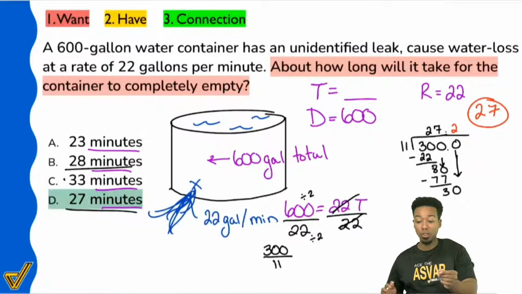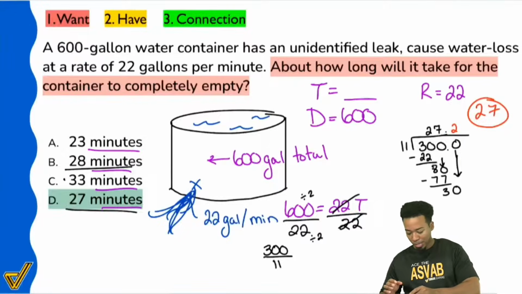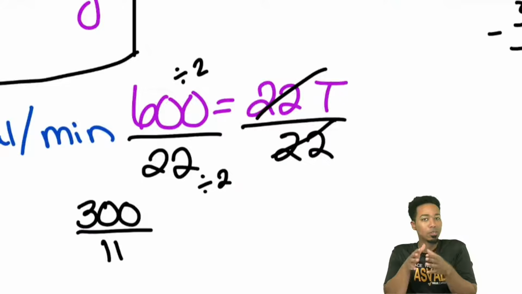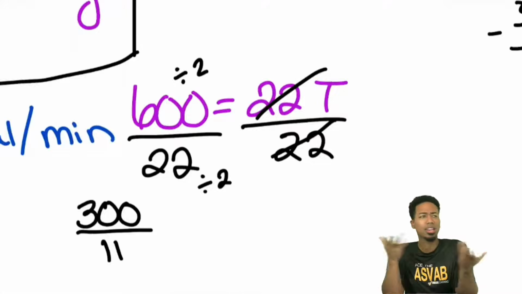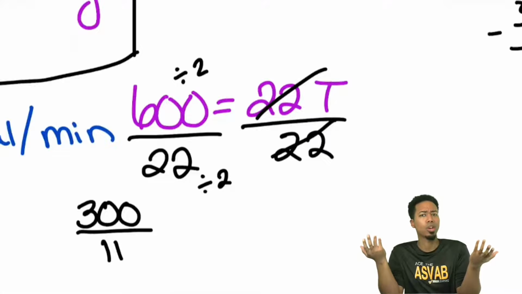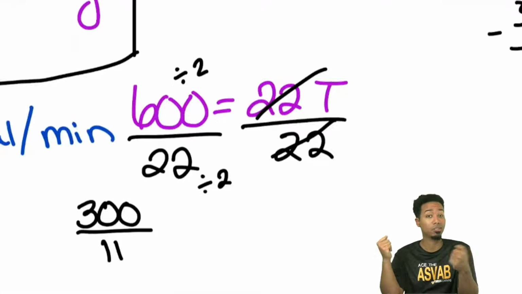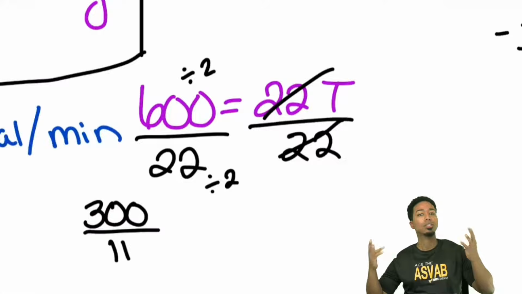And for the person here asking, hey, why did we use 300 and not 600? All I did was make the process a little easier for myself. Instead of dealing with two massive numbers, 600 and 22, I said, hey, look, we can simplify that real quick before we do the long division. 22 is even, 600 is even, divide the top and the bottom by 2, and that's how we ended up getting 300 over 11.